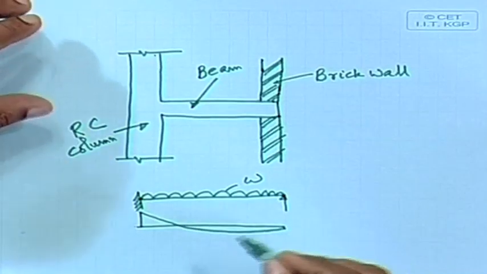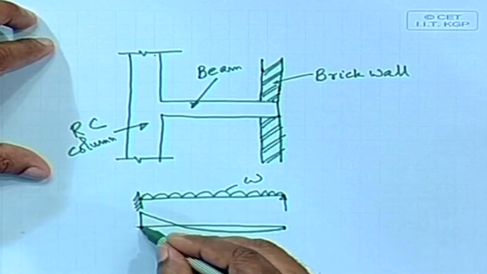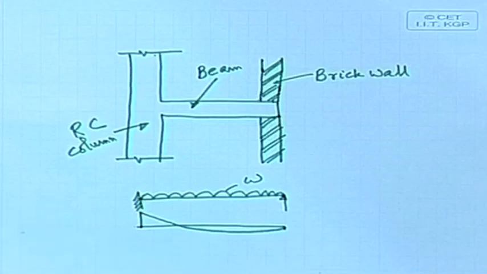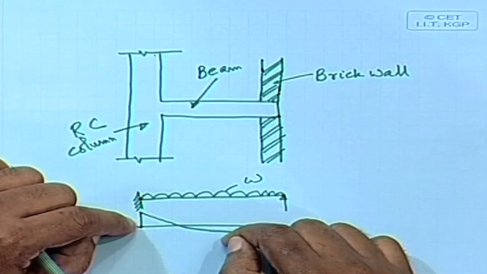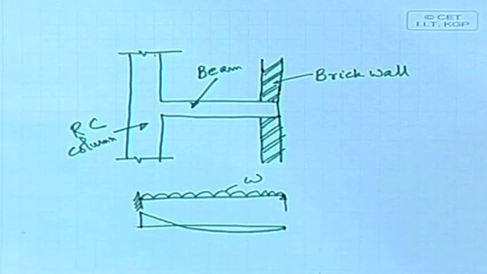This will be the nature of the bending moment diagram. Here this is 0 and we shall get support moment and we shall get span moment also, and we have to find out what is the maximum moment between these two, and then we have to design. First we have to design with the maximum moment and then check with the other moment.